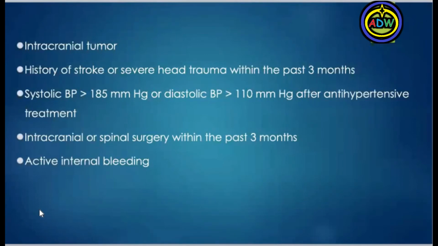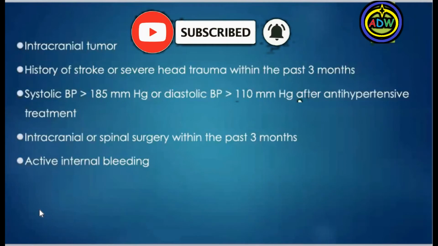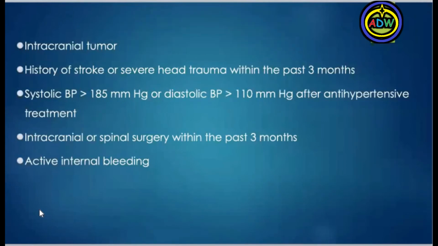If the patient has any bleeding, gastrointestinal bleeding, urinary tract bleeding, nasal bleeding, it is a contraindication for alteplase or recombinant tissue plasminogen activator. When the patient's age is more than 85 years old, it is also a contraindication.